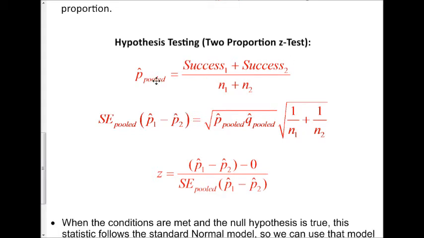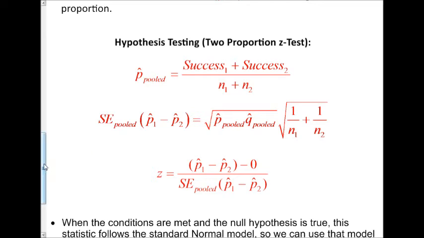The standard error takes that pooled value, times the pooled success and failure, times the square root of 1 over the sample size plus 1 over the sample size. And you use these two values in computing your z-score.